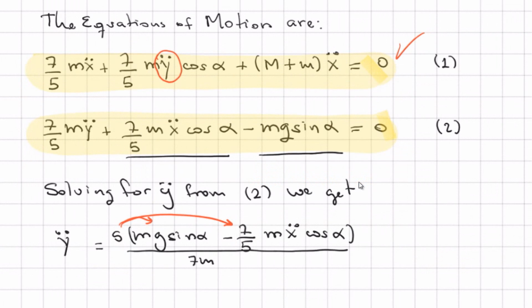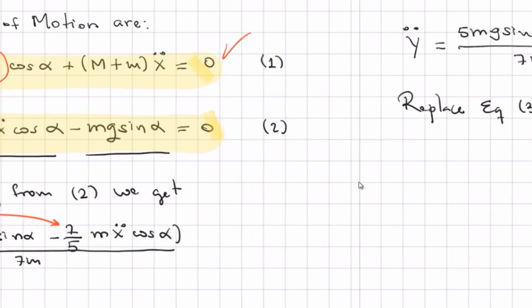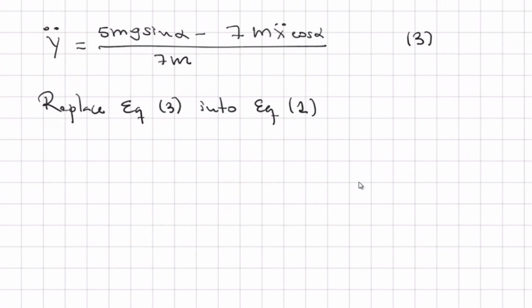So replacing equation number 3 into equation number 1, we get 7/5 mass x2 dot dot plus 7/5 mass.